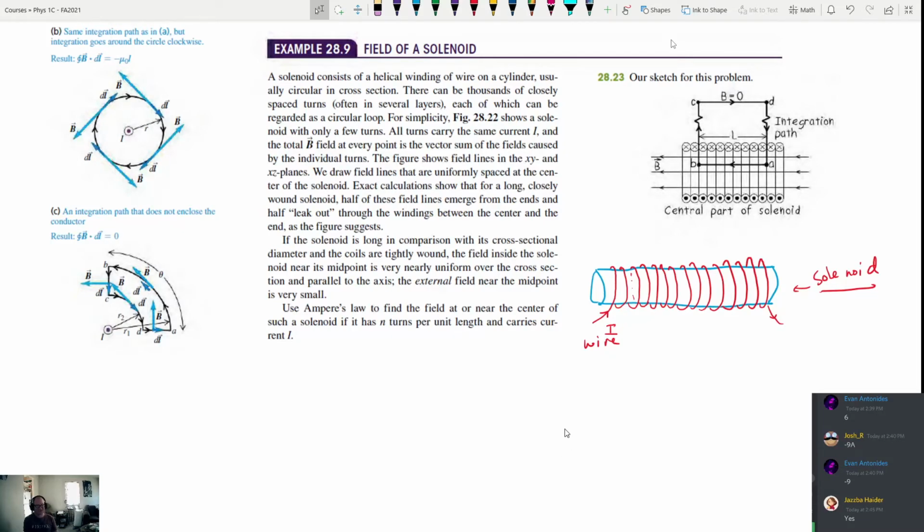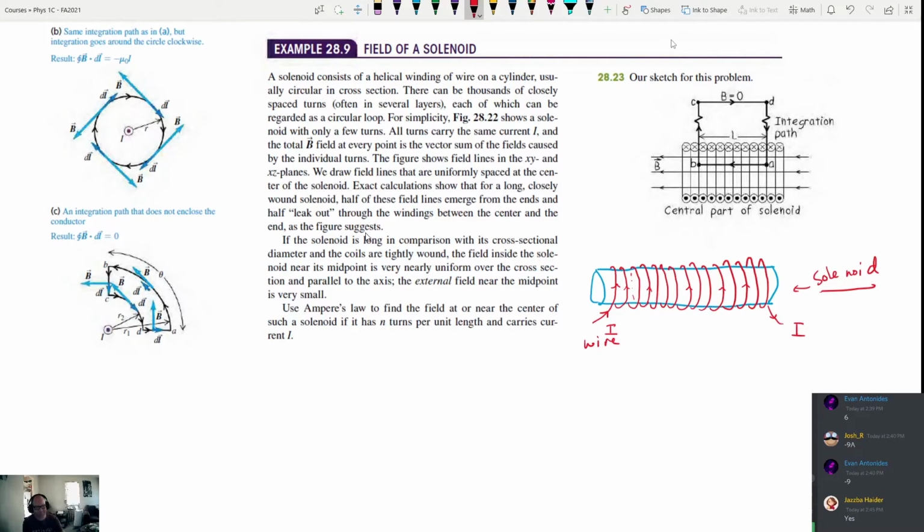That means the current is going to be flowing upwards here, and so on and so forth throughout all the pieces. The current's always flowing this way. On the backside, the current basically curls around like this. The total magnetic field at every point is the vector sum of the fields caused by the individual turns. We saw earlier that we know how to find the field of a ring, so you vector sum all those fields. The figure shows field lines in the xy and xz planes.